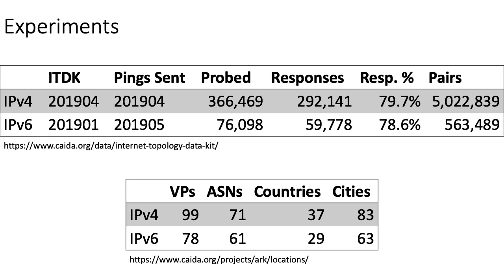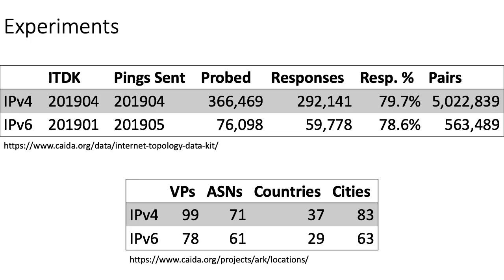For IPv4, I used the April 2019 ITDK, which uses iffinder and Marder for alias resolution. That ITDK didn't include IPv6, so I used the January 2019 IPv6 ITDK, but sent the pings in May of that year. And the IPv6 ITDK used speedtrap for alias resolution.